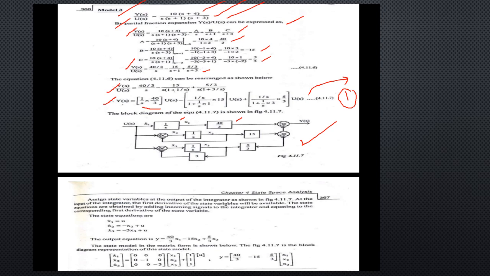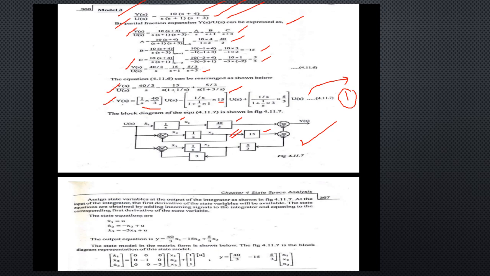The next term in the Y(s) equation is (1/s)/(1+1/s) into 1 into 15. So keep 15 in one block. (1/s)/(1+1/s) into 1 represents the negative feedback loop. Connect the negative feedback loop in cascade with the 15 block as shown in the figure.